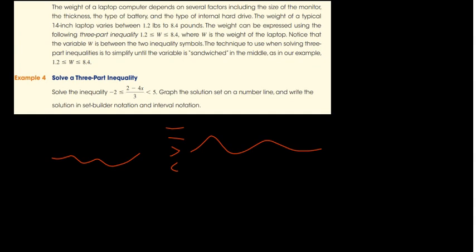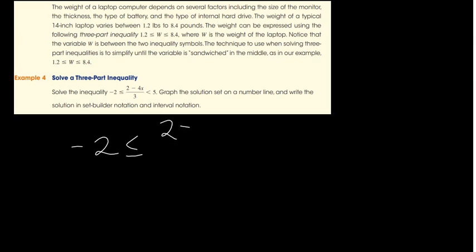What we did to one side, we did to the other. With the three-part inequality, what we do to one side, we do to the other two sides. So what do I mean by that? Let's go ahead and rewrite all this. This is a mental math problem that we could do, but I really want to demonstrate what we're doing here.